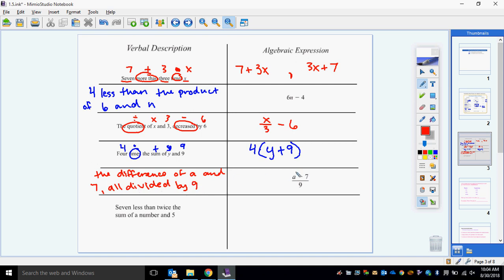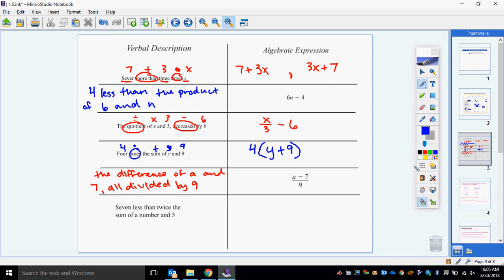So I'm subtracting a and 7 and I'm dividing it all by 9. You could also do the quotient of a minus 7 and 9.